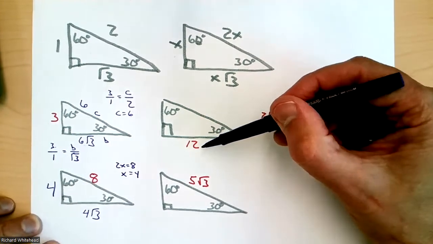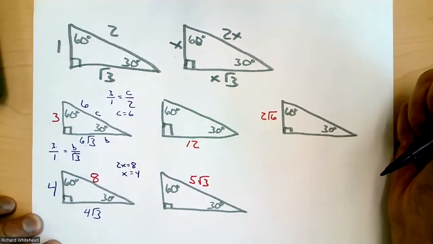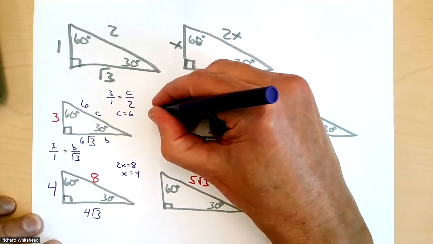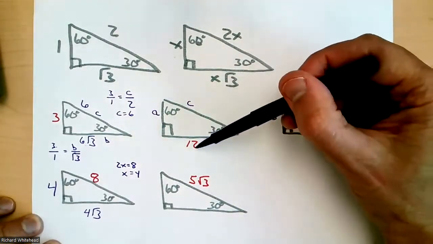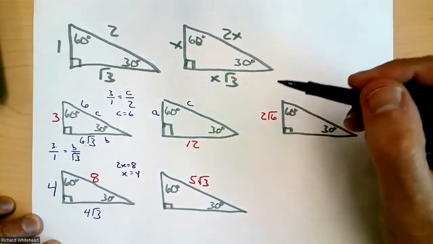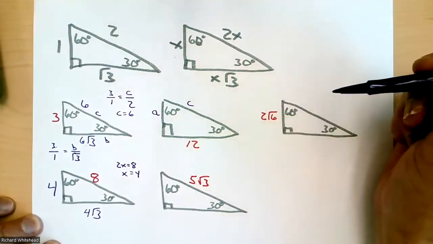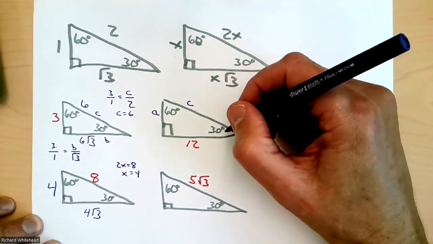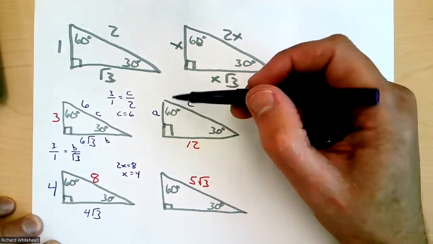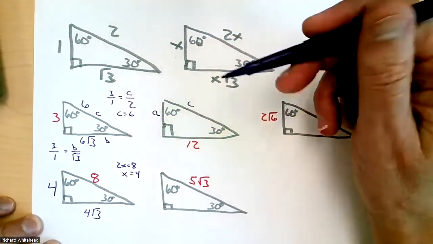These are the most annoying, the ones where they give you the long leg. I'm going to call that A, and I'm going to call that C, because this is going to end up with a radical in it. So you could say, all right, I don't know what to do here. You could say something like, well, 12 over root 3.